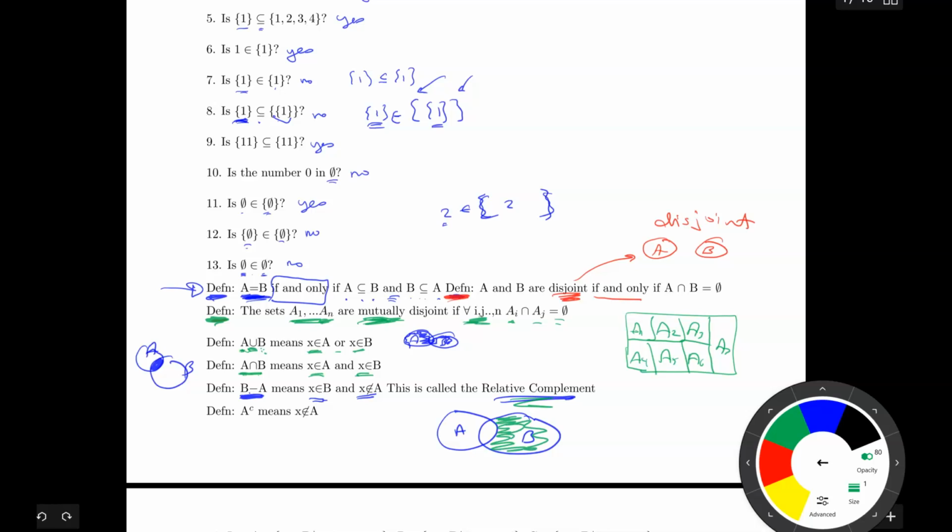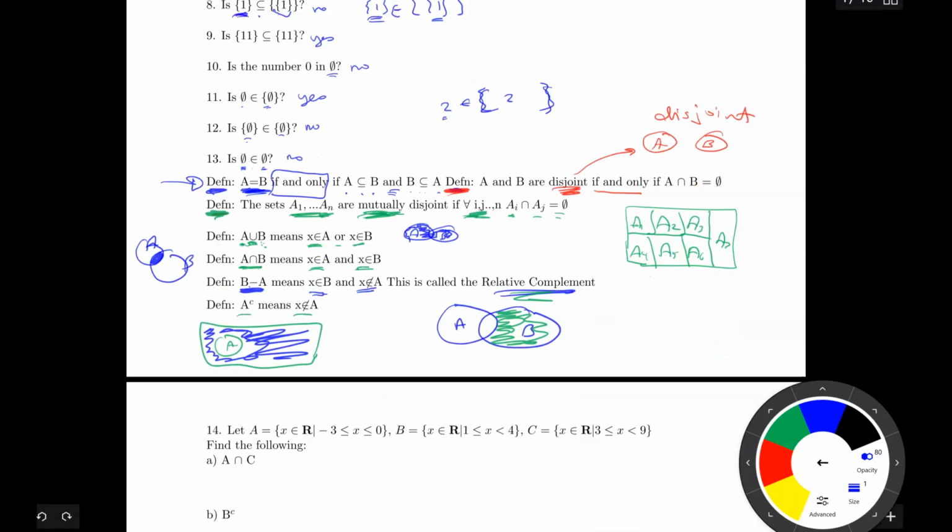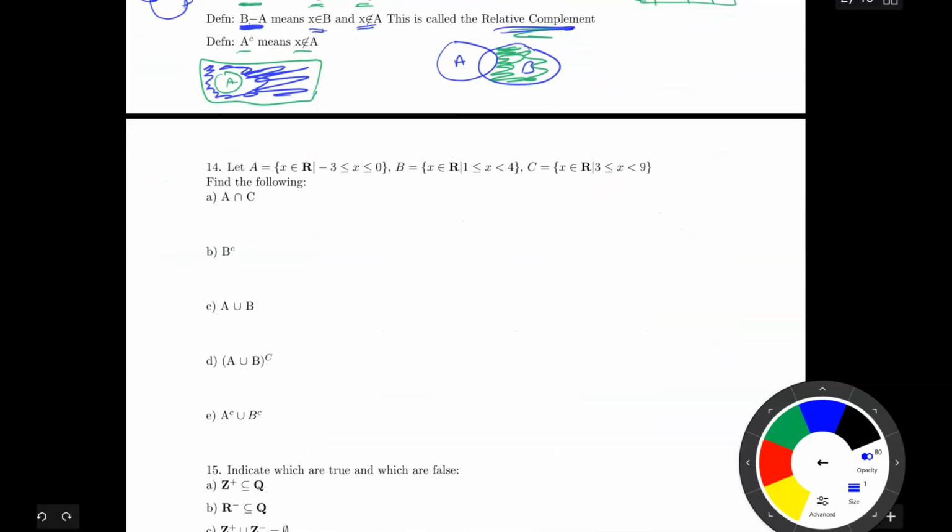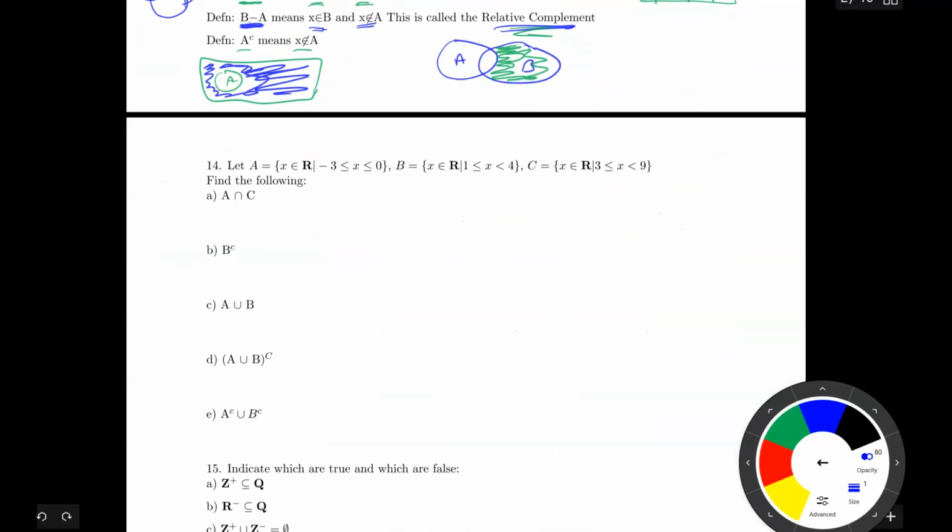So this is called the relative complement. A complement means that it's not in A. So if here's A, and here's the rest of the world, right? A complement would be everything that's not in A. Good? Okay. So let's move on and do some examples.